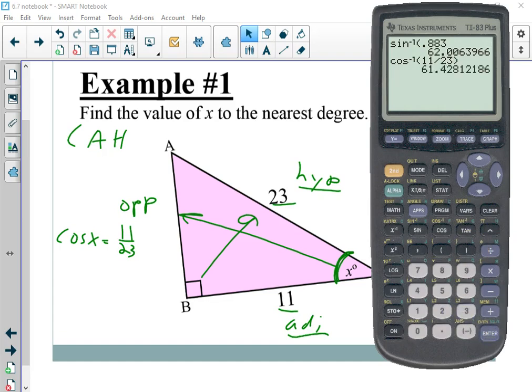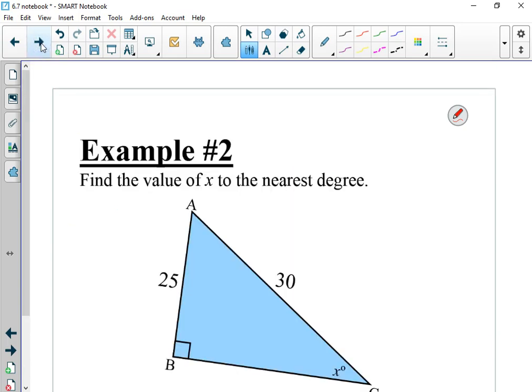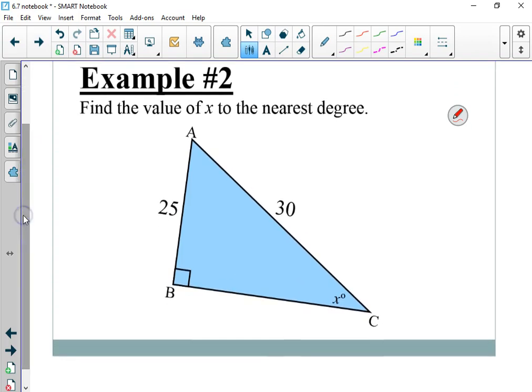And I get 61.4, really close. Let's go with 61 degrees. All right? Remember, again, hit pause if you need to, or rewind at any point during the video.